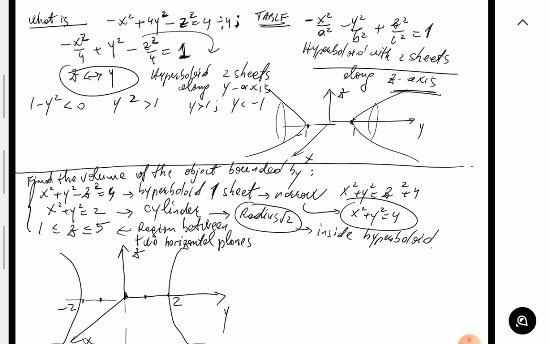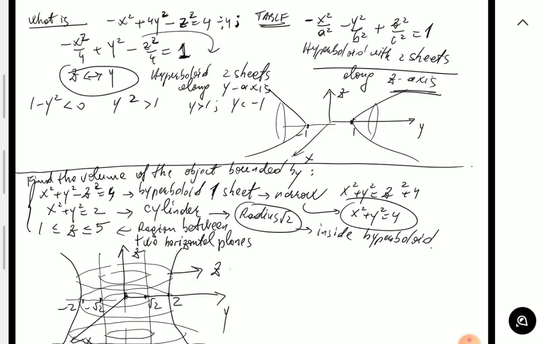Root 2 somewhere in between, and that corresponds to the actual cylinder. So we can look at some sections here, like that, right? Maybe another one up here. And of course, bounded by those planes, there's a top corresponding to z equals 1.